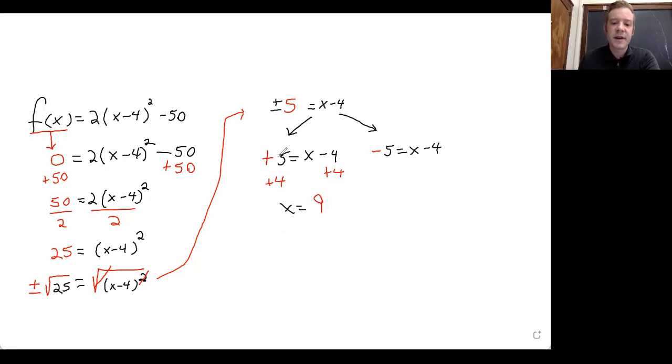Because positive 5 plus 4 is positive 9, which is the equivalent of the x-intercept (9, 0). On the right-hand equation, I'm also going to add 4 on both sides. But now I'm adding negative 5 plus 4, which is going to give me x equals negative 1.